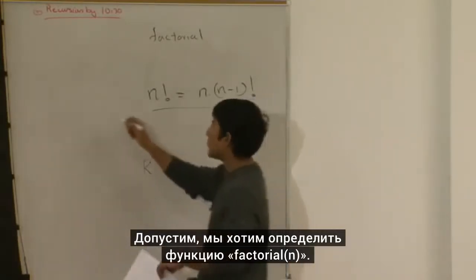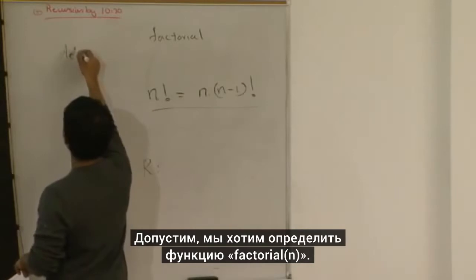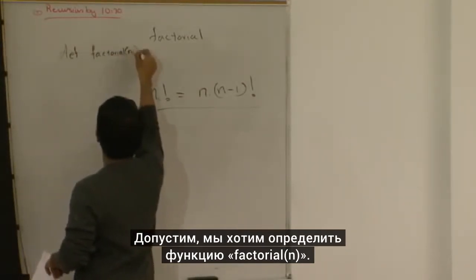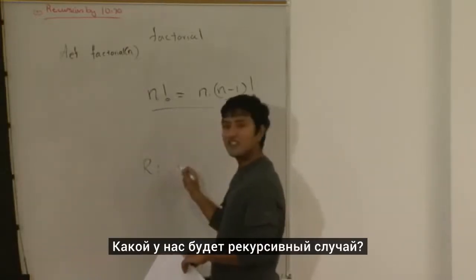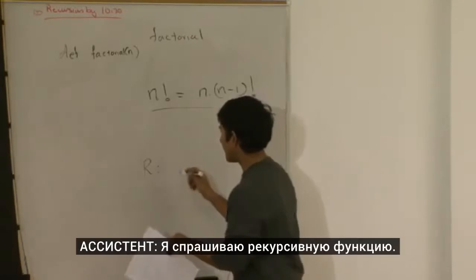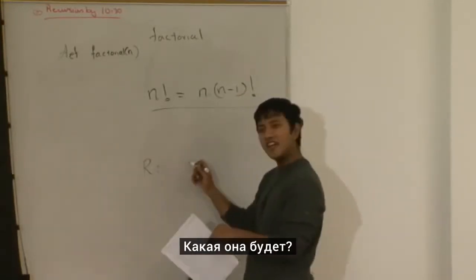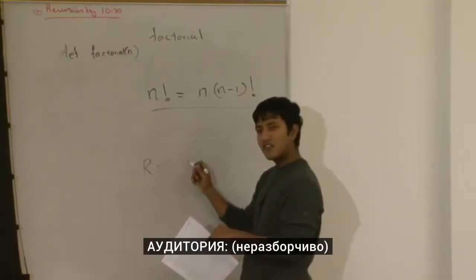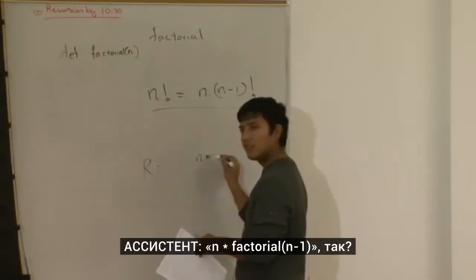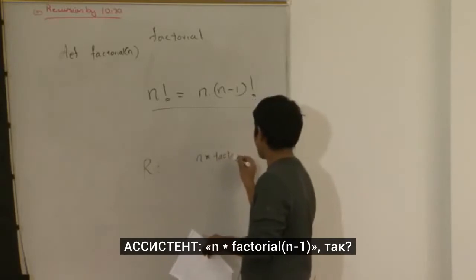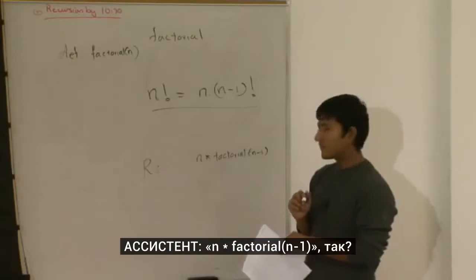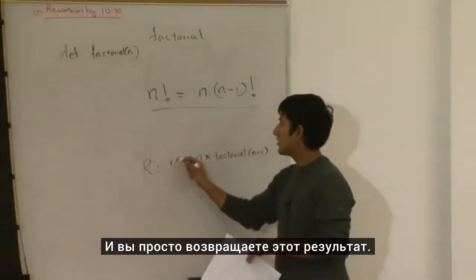Suppose we want to define a function factorial n. So what will be our recursive case? No, I'm asking the recursive function. What will that be? n into factorial n minus 1, right? And you just return this.